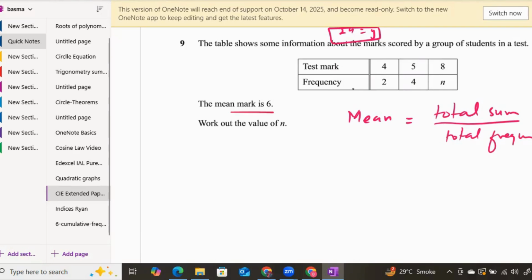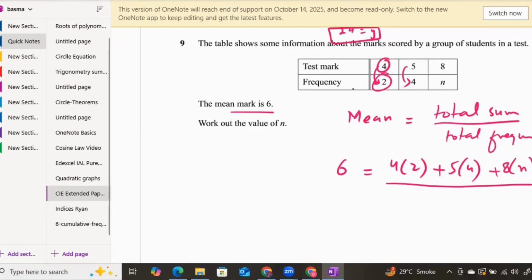Our mean is given to be 6, so I will replace mean with 6 is equal to the total sum. How would you get the total sum? Total sum means marks times the frequency, because 4 marks has been repeated 2 times, so you will do 4 times 2 plus 5 times 4 plus 8 times n, and divided by the total frequency.